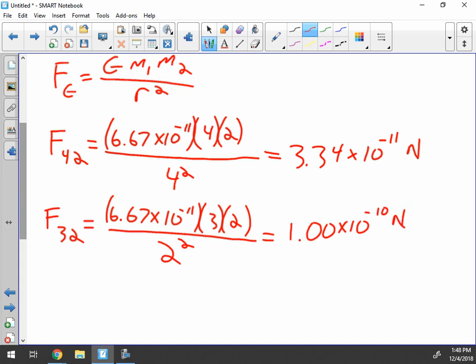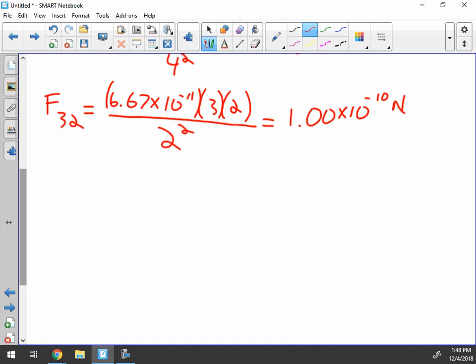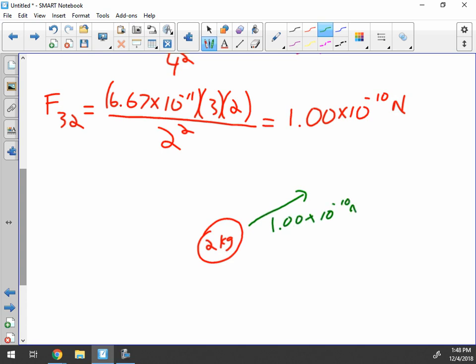So what we're really looking at is our 2 kilogram object, and it's getting pulled in two directions. It's getting pulled this way with a force of 1.00 times 10 to the negative 10 newtons, and it's getting pulled this way with a force equal to 3.34.